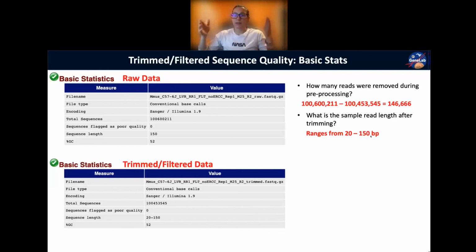So we're going to have some of those reads that remain 150 because the quality is good all the way across and because they didn't have any adapters. Our low end is 20. And so that means that the shortest read that we're going to have in our FASTQ file now is going to be 20. Why does it stop there?